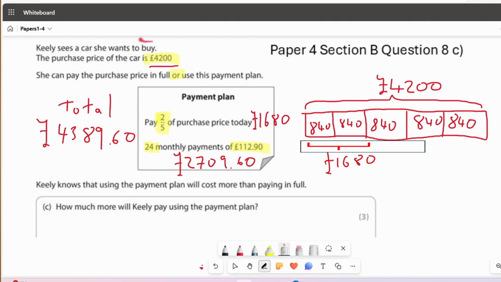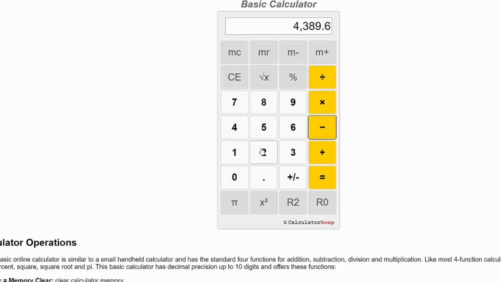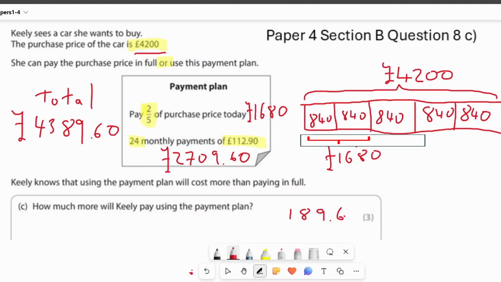And now all we have to do is compare that with the purchase price of the car, which is 4,200. So I'm just going to do the subtraction here, £4,389.60 minus 4,200, and then I get £189.60, which is the answer to this question, and that is 3 marks.